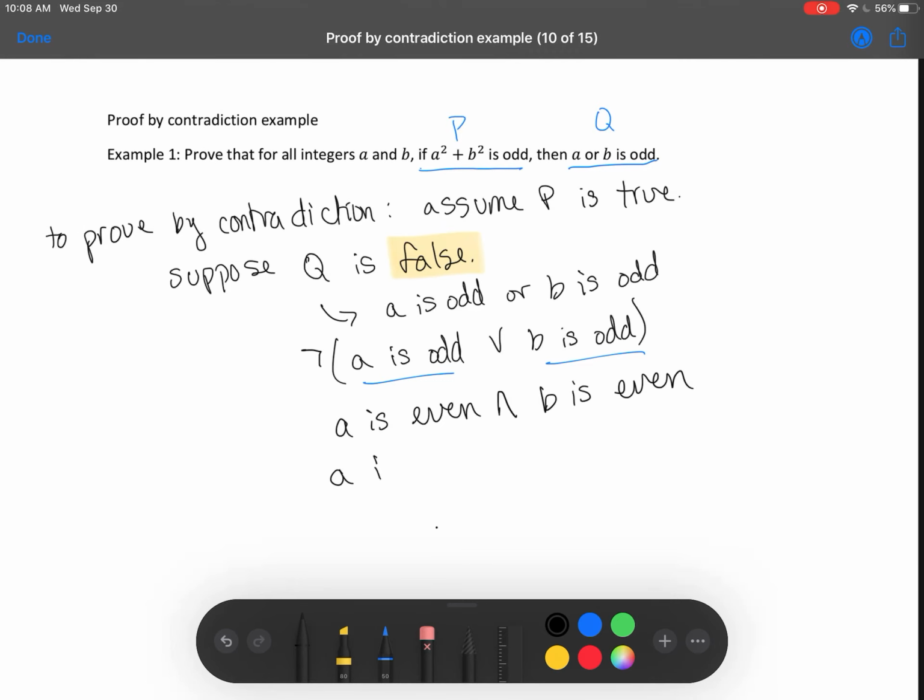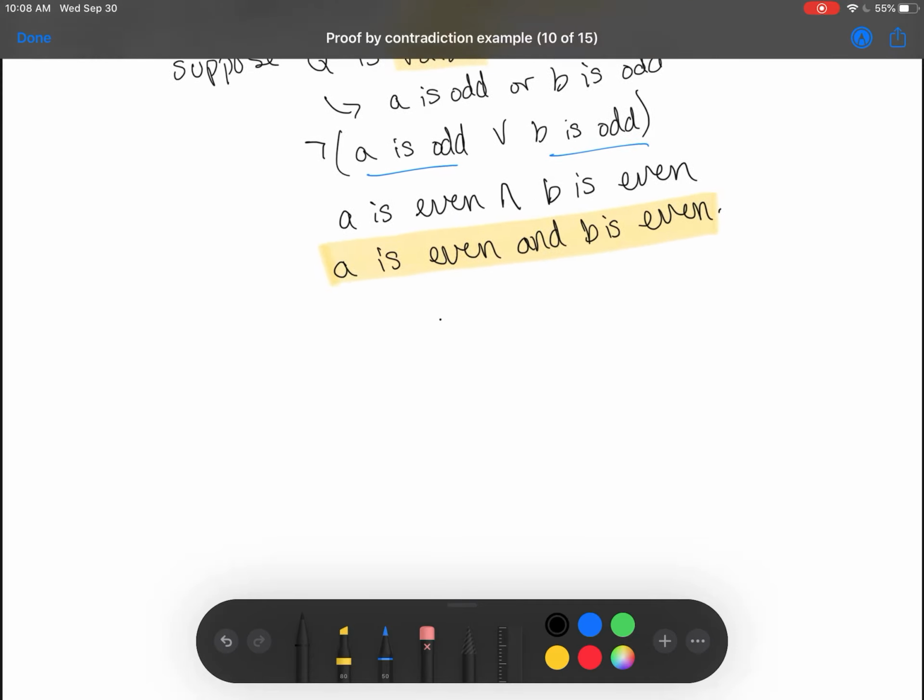In other words, what we're supposing here is that a is even and b is even. So these are going to be our two assumptions. We're assuming that P is true, and we're also assuming that Q is false, which in this case means exactly that a is even and b is even. Now let's get into the proofy part, if you will.